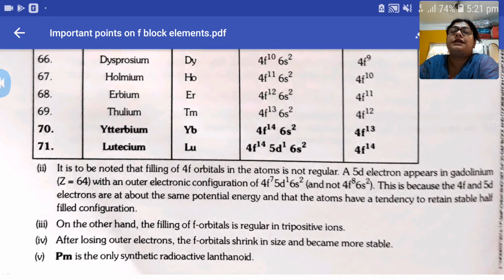On the other hand, the filling of f orbitals is regular in tripositive ions. So in all the tripositive ions of this lanthanoid series, the filling of the f orbitals is regular. After losing outer electrons, the f orbitals shrink in size and become more stable. Then Pm is the only synthetic radioactive element in the lanthanoid series.